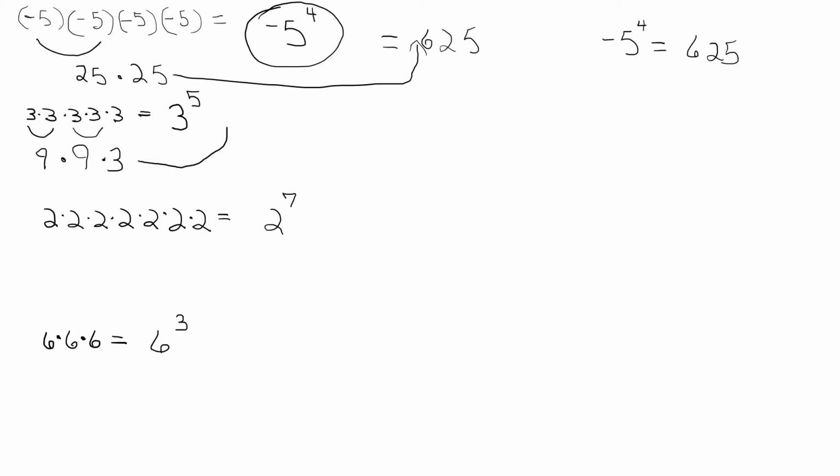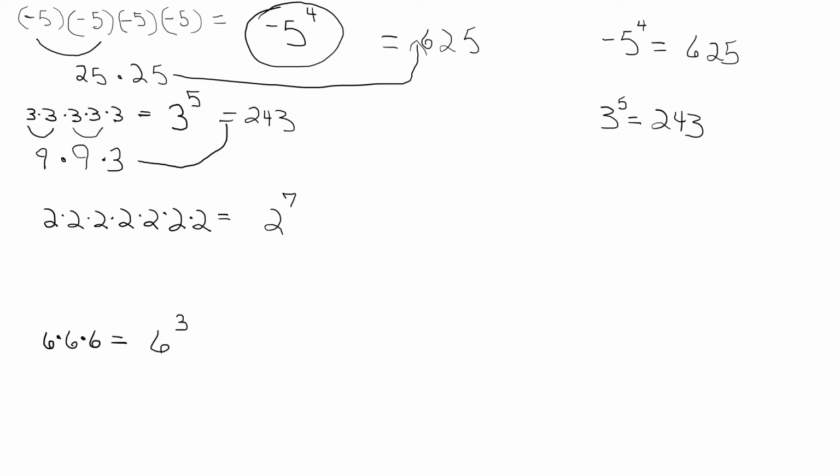And what did that give us? 81 times 3 gives us 243. So 3 to the 5th power is 243.